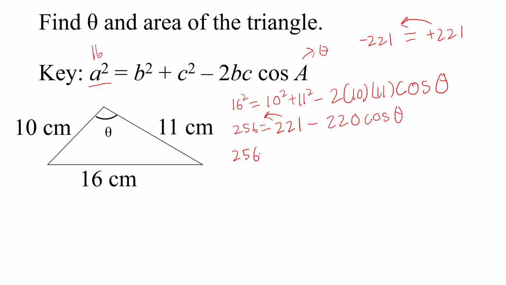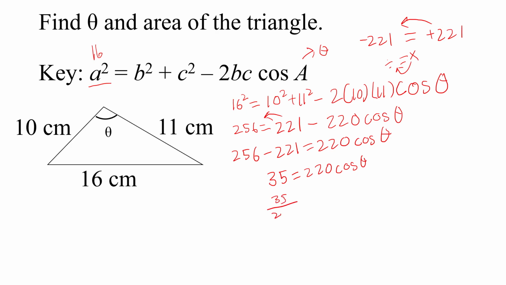So 256 minus 221 is equals to 220 cosine theta. 256 minus 221 gives me 35, which is equals to 220 cosine theta. Now we have to move the 220 over, but 220 is times. Times you move over becomes divide. So I get 35 over 220 is equals to cosine theta.